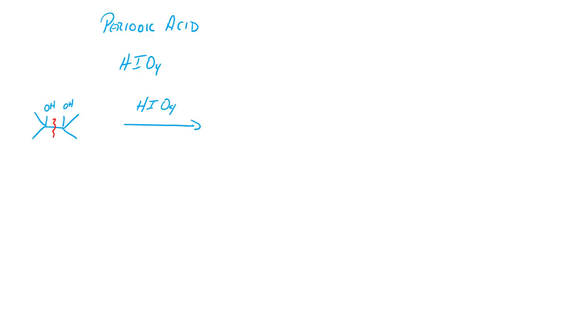We're going to snip, we're going to slide, and we're going to slap, just like we did previously. So we're going to snip apart the bond between the two alcohols, slide those two pieces apart, and slap down a double bond.